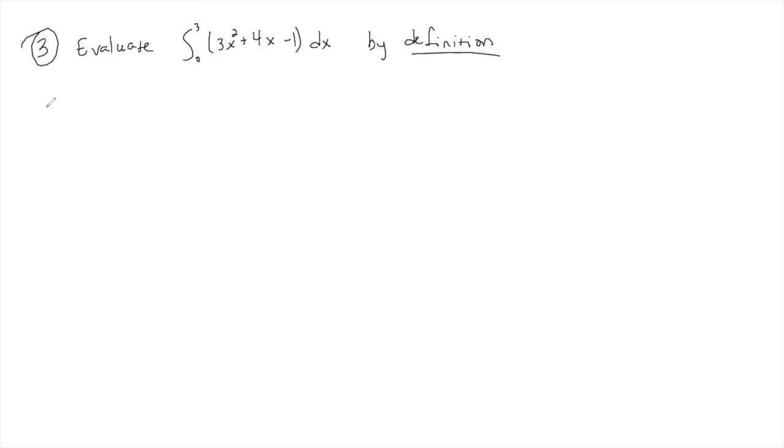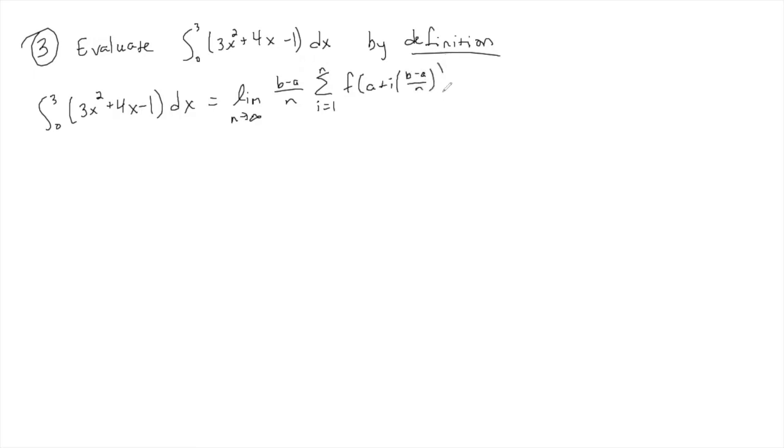So let's remind ourselves of the definition. It is the limit as n goes to infinity of (b minus a) over n times the sum i equals 1 to n of f of (a plus i times (b minus a) over n).